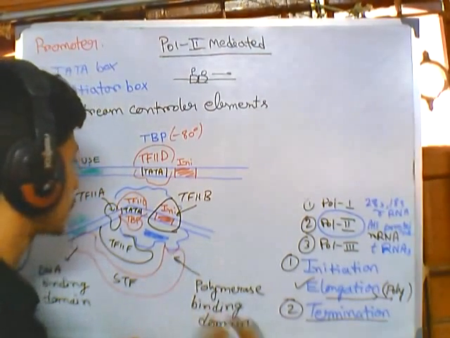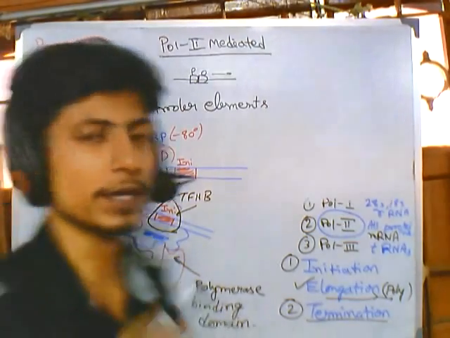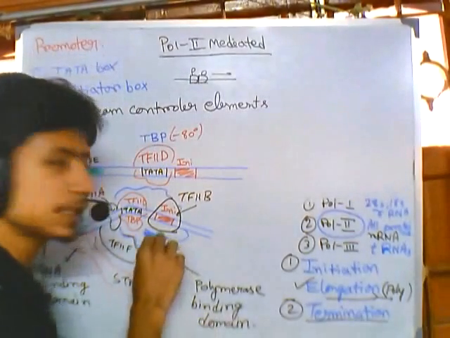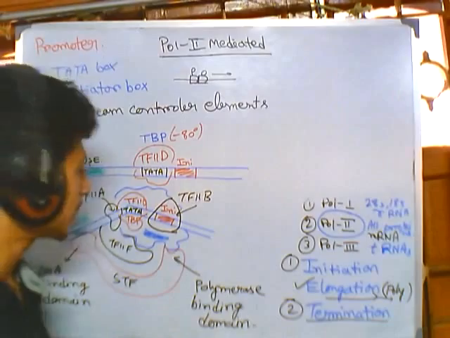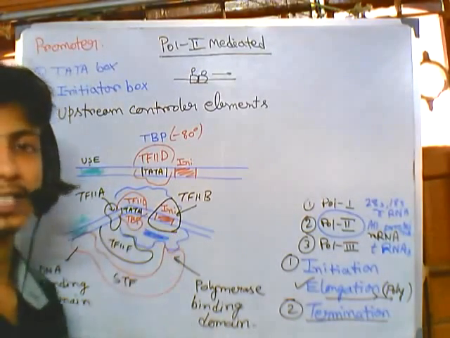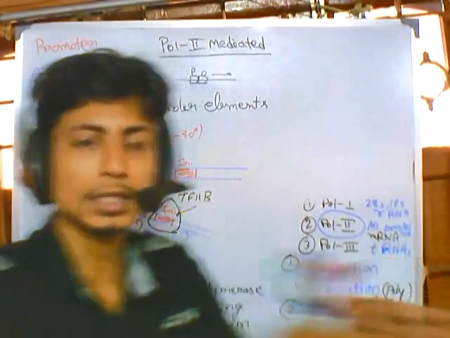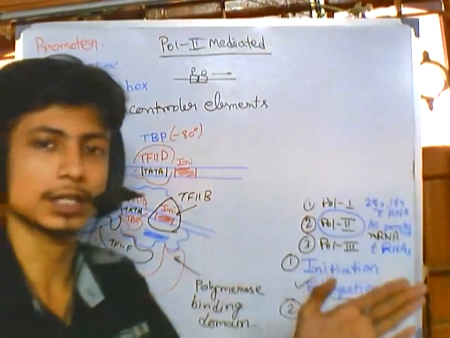Now as TFIIH comes, it functions in different ways. First, it will phosphorylate the alpha CTD of this polymerase. Second, as it is phosphorylating, it will tell the polymerase it's time to move on, so don't stay seated at this point, just start to move on.